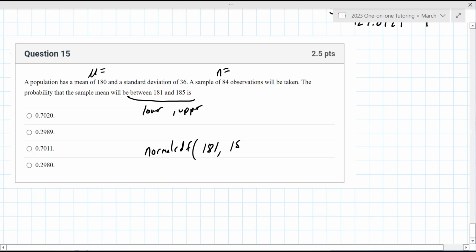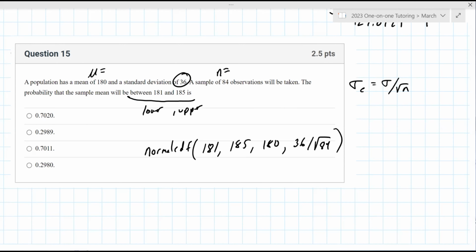So 181, 185, mu of 180. Standard deviation is 36. So you have to divide that by the square root of 84. If you forget to divide sigma by the square root of n, the answer will likely be that close. I mean, it's not fair, but that is the way it goes.